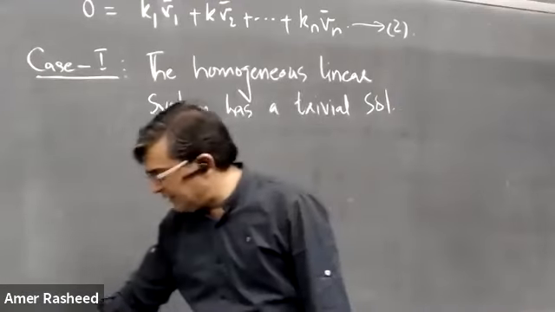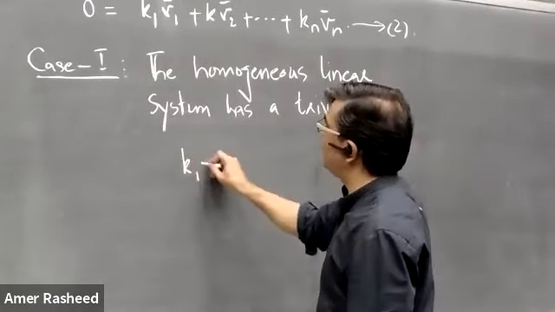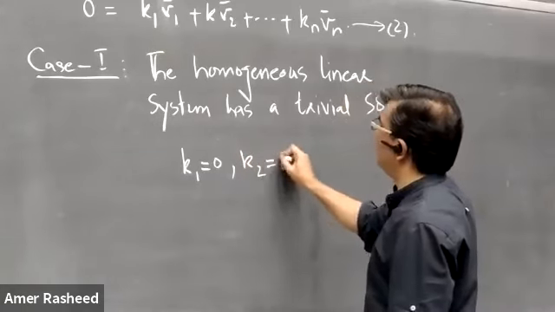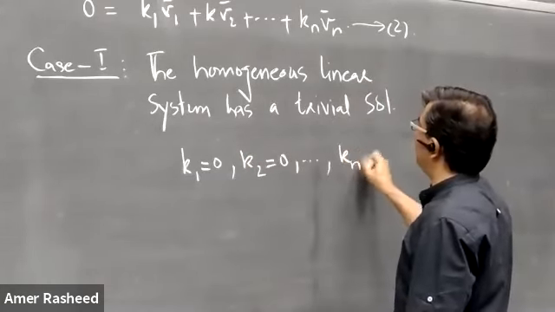What does it mean? It means that K1 is 0, K2 is 0, and so on, Kn is 0.